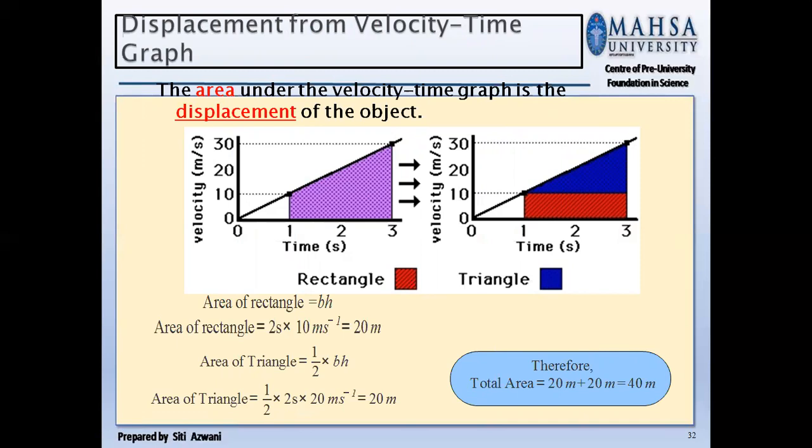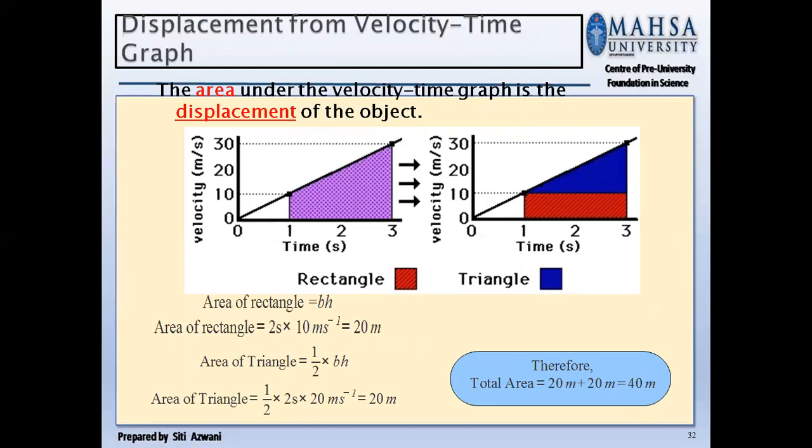You have displacement from the velocity versus time graph. Here it shows that if you have velocity versus time, the area under the velocity-time graph is the displacement of the object, information you can get from your velocity versus time graph.